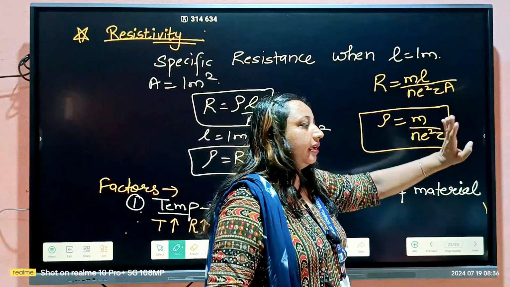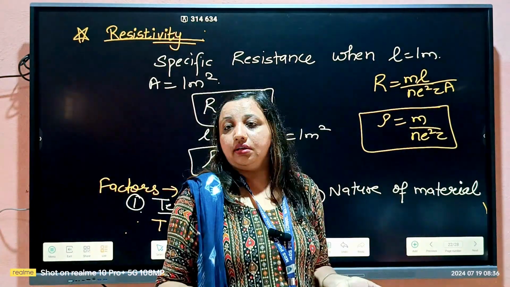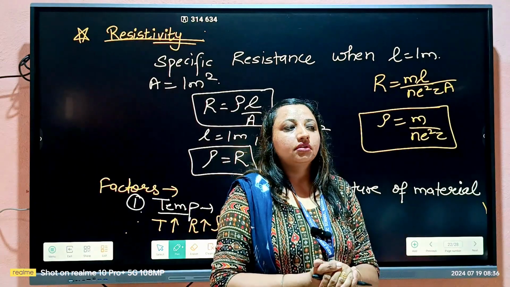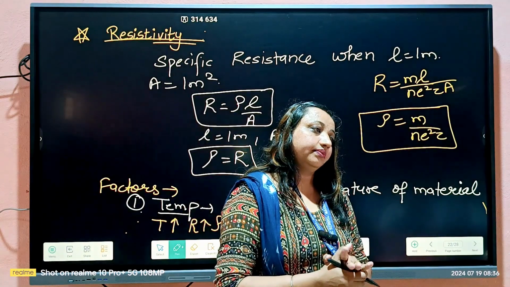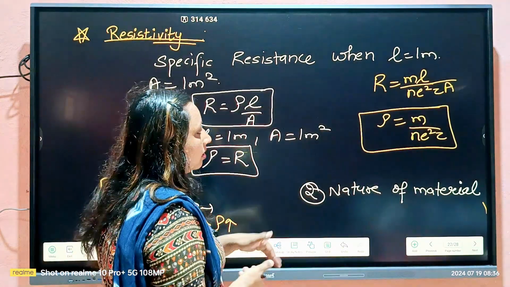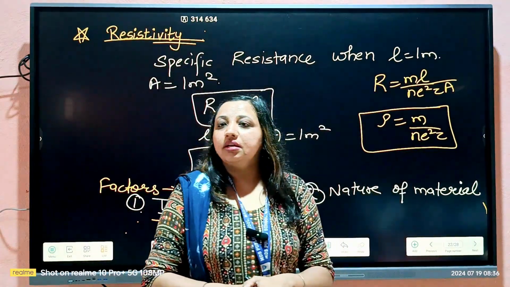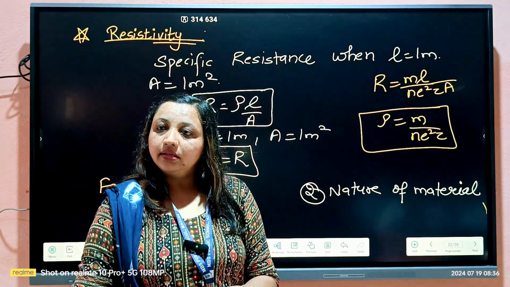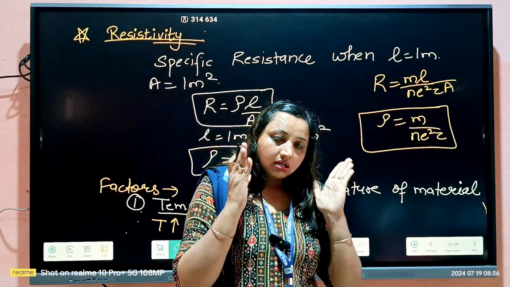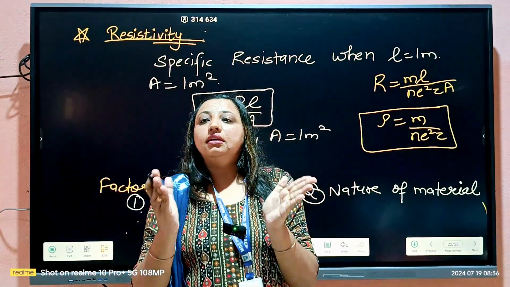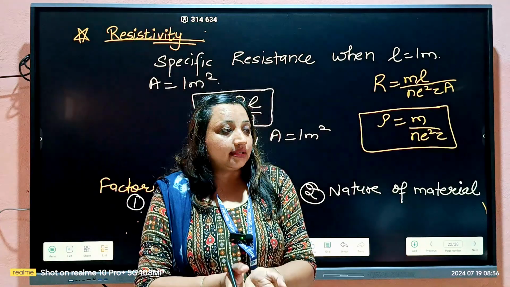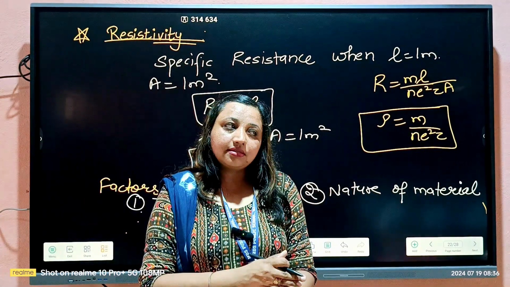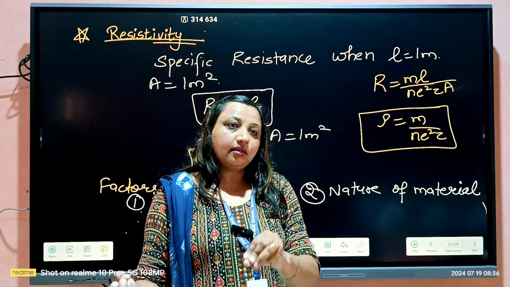There are no L and A because they are 1 meter and 1 meter square in case of resistivity, right? So resistivity also has an inverse relation with the electron density, or number density. So a conductor or material having greater electron density has less resistance, hence the current flows through that conductor easily.